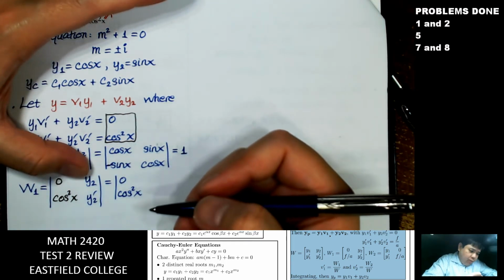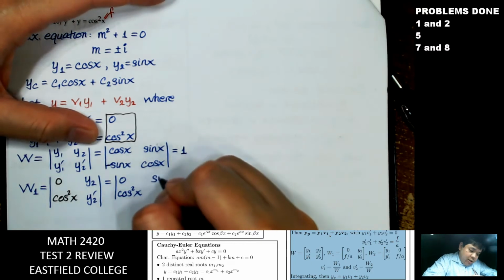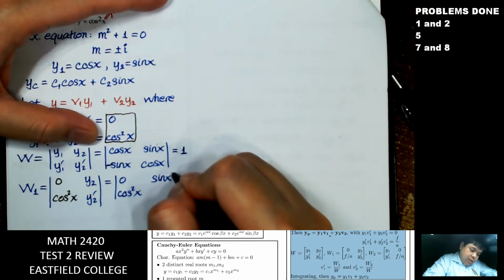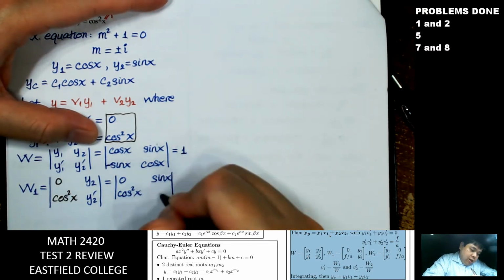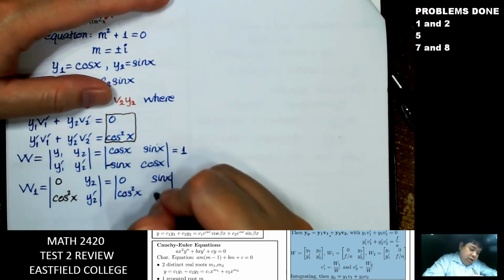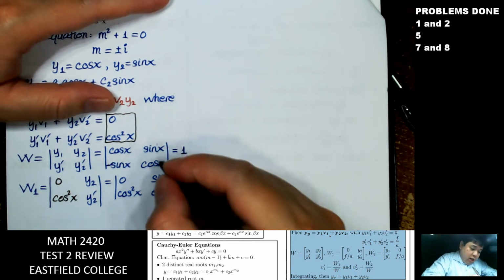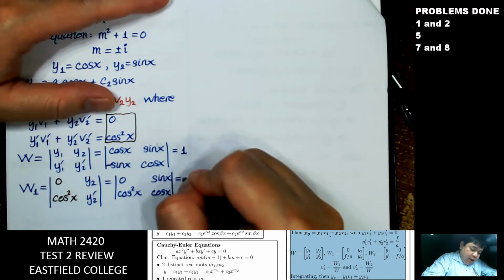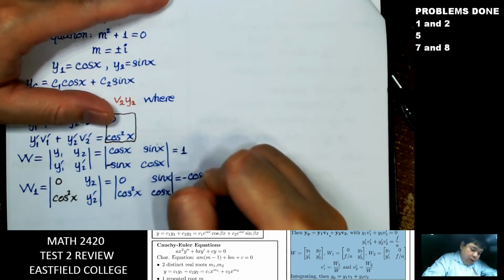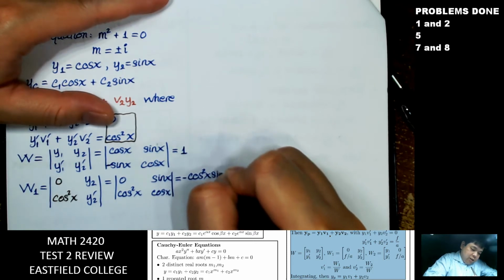Y2 is sine x. This doesn't matter really, because in the determinant we multiply by 0. So pretty much we have negative cosine square x sine x.